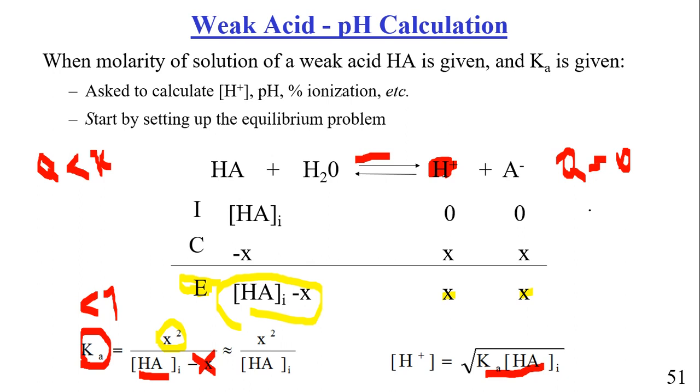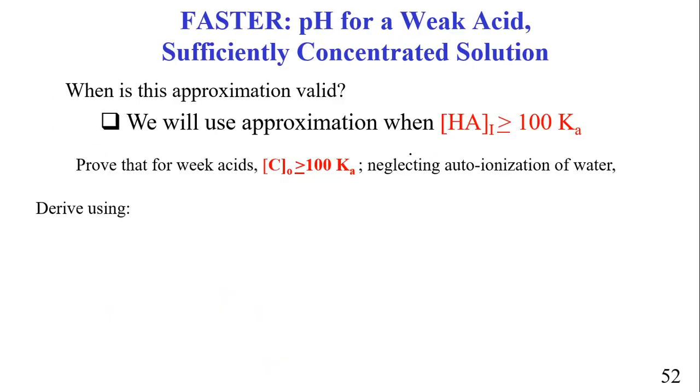So Q is less than K. So if Q is less than K, the reaction will proceed. Of course, it will proceed only a very small amount because K is small. It doesn't have to go too much forward to achieve K. So that's a big time question for you, and it must be understood by you.